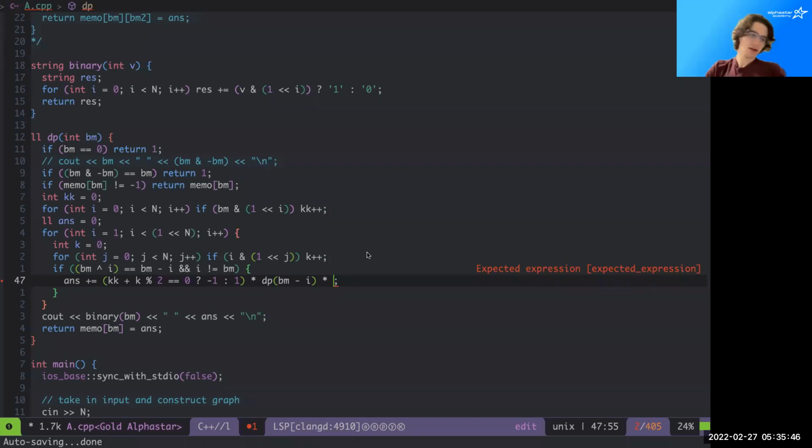Is there an easy way to compute that? If we're looking at... I think this is actually pretty similar to a formula for the permanent that I've seen.